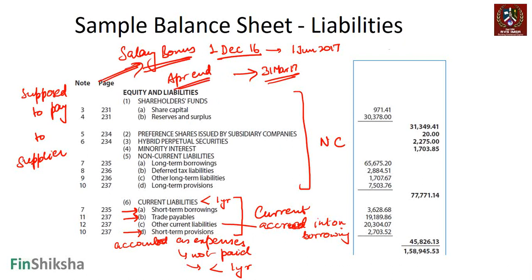This is accounted for. I have to give it now, right? But I have not paid it. So on 31st of March, when we make the balance sheet as on that date, we still owe this money to the employee. We are still supposed to give this money to the employee. That's basically where it would get classified as a short-term provision, right? And we've already discussed what other current liabilities would be.